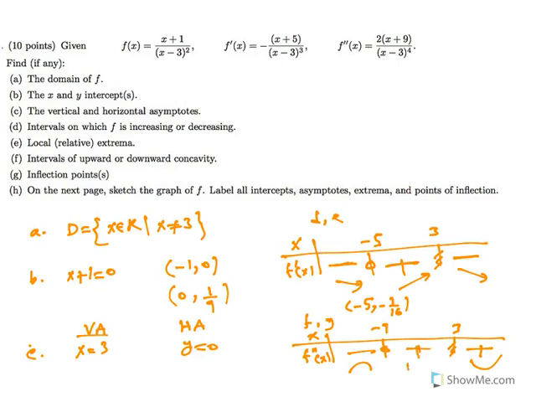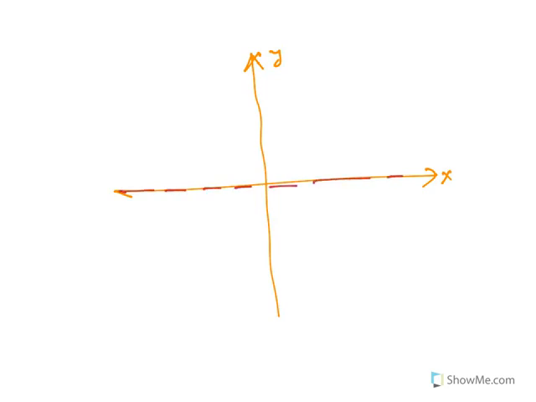Now we put all this information together and sketch the graph of the function. X-axis, Y-axis, horizontal asymptote is y equals 0, vertical asymptote is x equals 3.